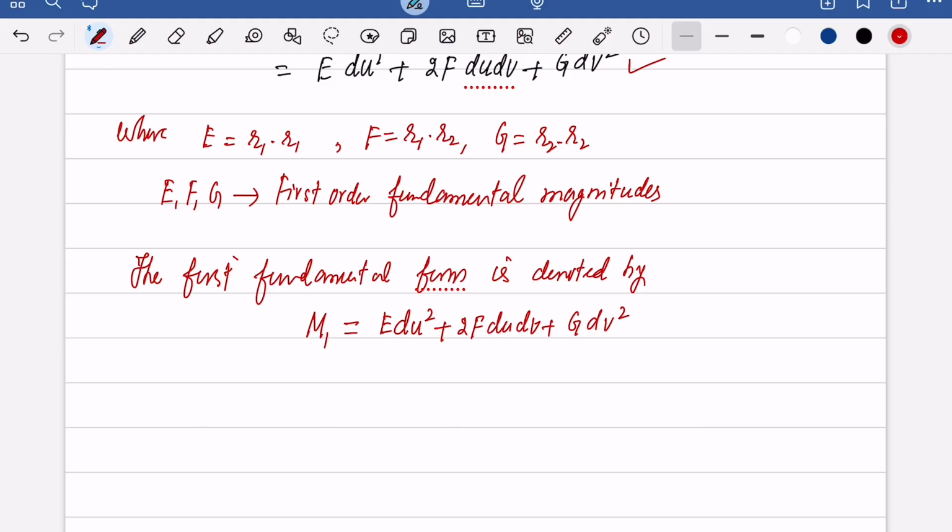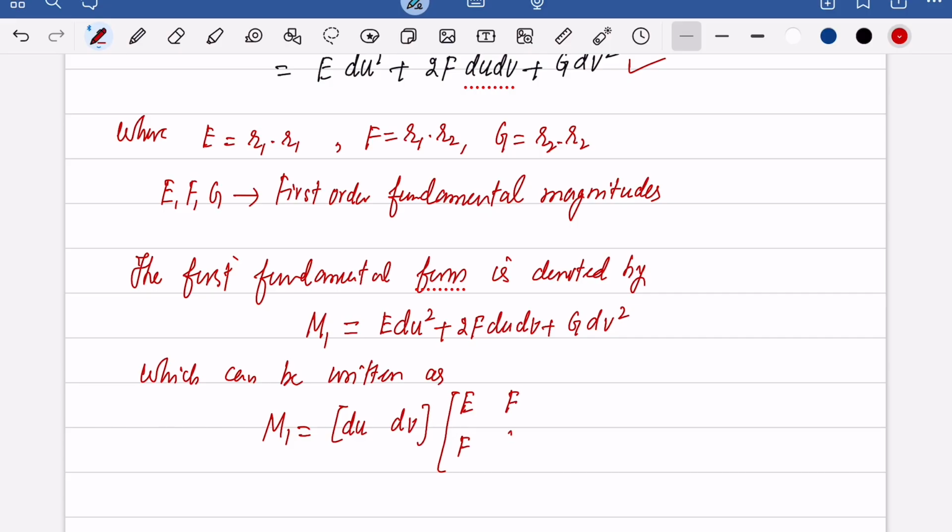This can be put in the matrix form, or we can say the quadratic form, which can be written as m1 is equal to du dv, which is a row vector, multiplied with the matrix E, F, F, G into the column vector du dv.